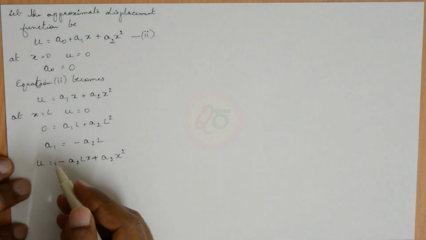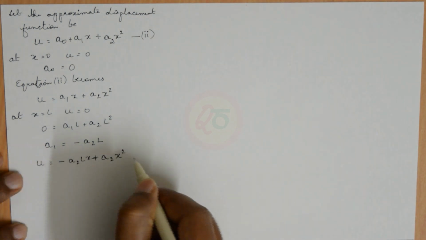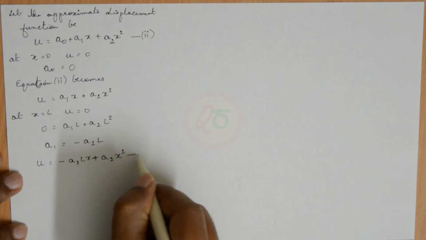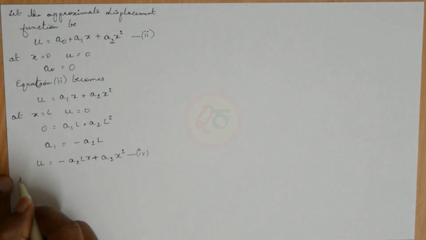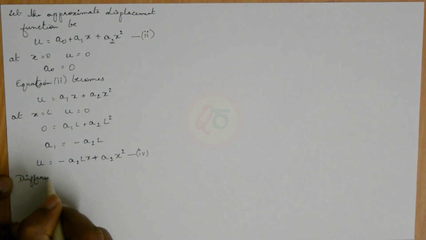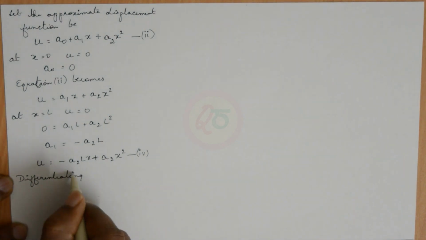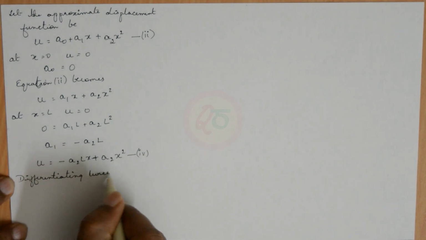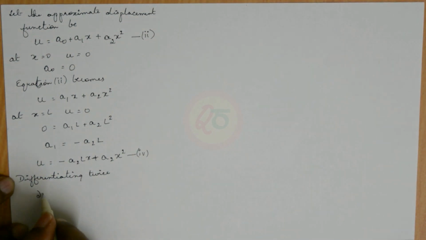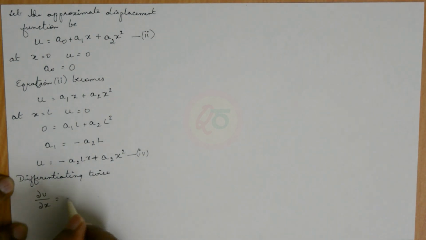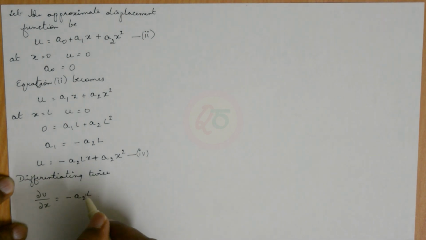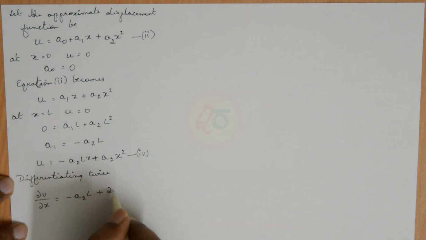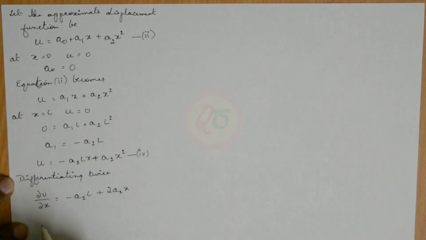So let me call this equation 4, and differentiating twice the above equation, we obtain dou u by dou x is minus a2 L plus 2a2 x, and dou square u by dou x square we obtain as 2a2.